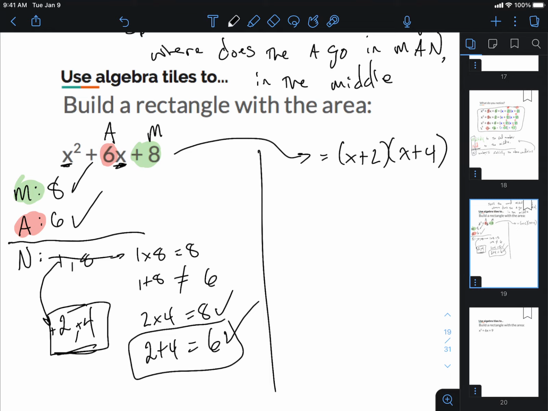And 2. What are my side lengths? X plus 4. X plus 2. Well, this looks a lot like what I just did over here. All right? Right here.